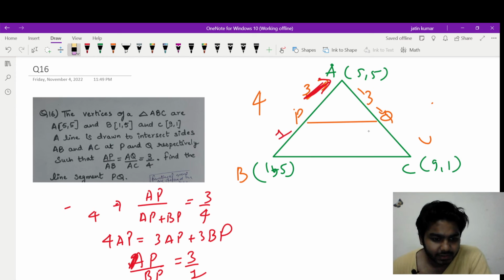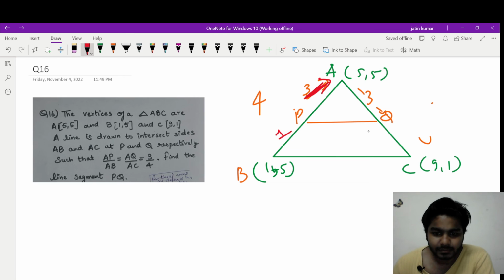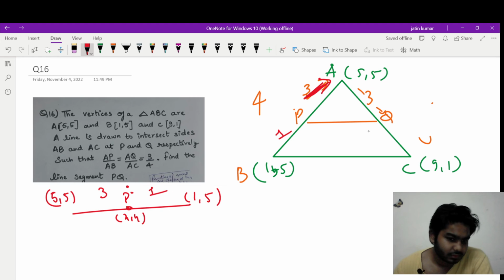So can I find coordinate P? Yes, we can find coordinate P through the section formula. So we have A (5, 5), we have B (1, 5), and P as x, y with ratio 3:1.